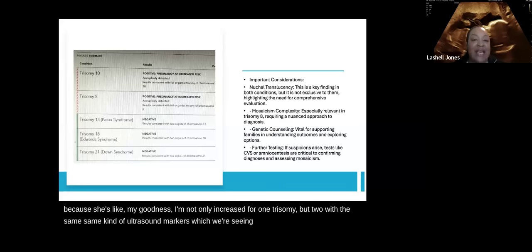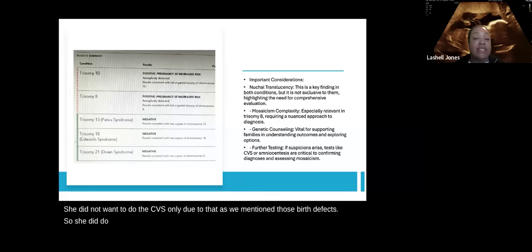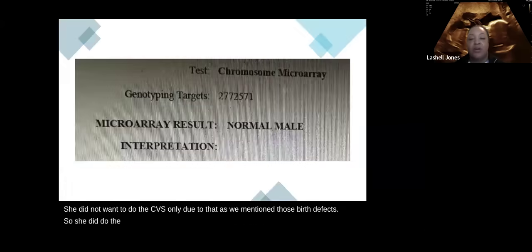So of course there was anxiety. She did not want to do the CVS, due to those birth defects we mentioned. And so she did do the amniocentesis, and lo and behold, her results were normal.